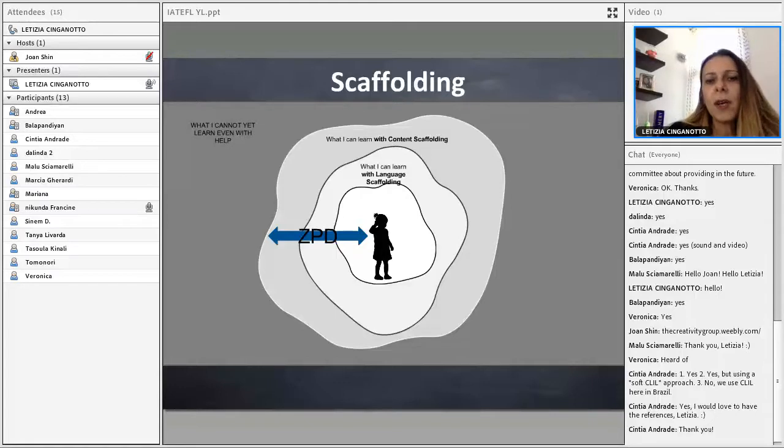And so scaffolding is essential, because the teacher has to plan the sort of guide, step by step, both on content area and on language area, so that the teacher can guide the student in acquiring a gradual autonomy in his or her learning pathway.